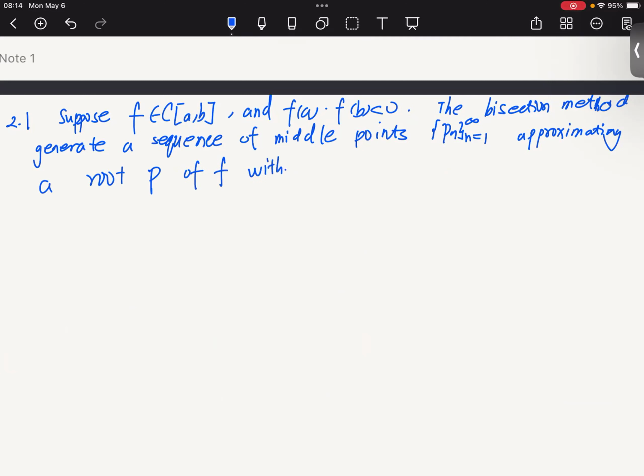And the root means this is the solution of f(x) equals 0.